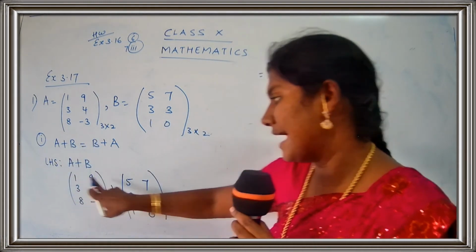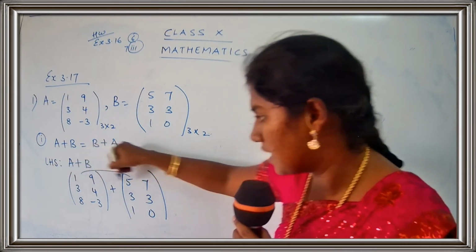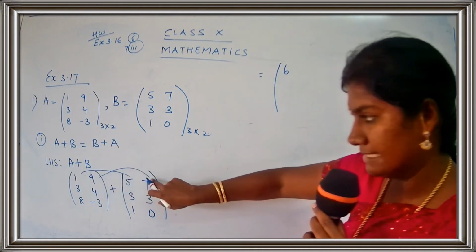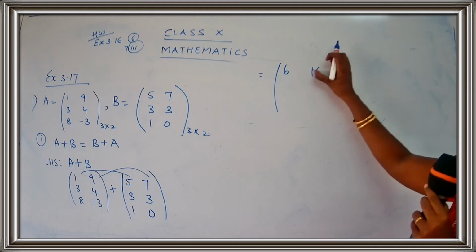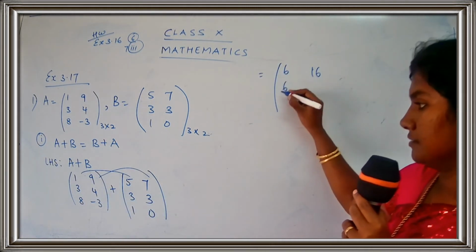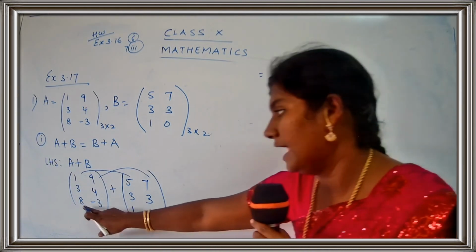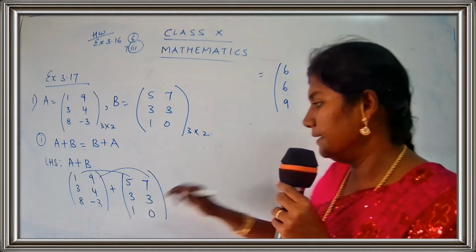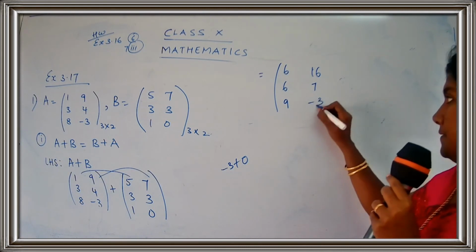So 1 and 5, the corresponding elements, make 6. Then 9 and 7, 9 plus 7, 16. 3 plus 3, 6. 4 plus 3, 7. 8 plus 1, 9. Minus 3 plus 0, minus 3.